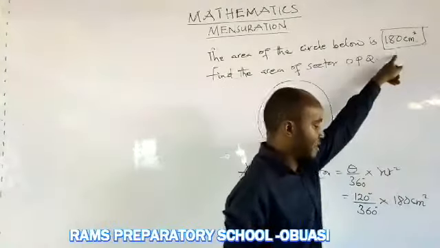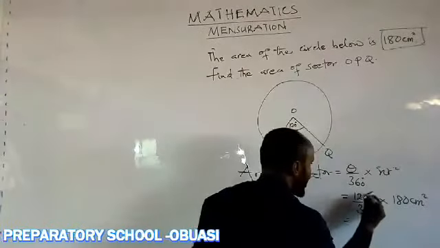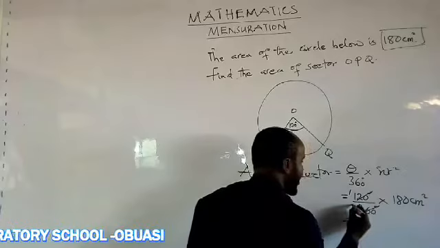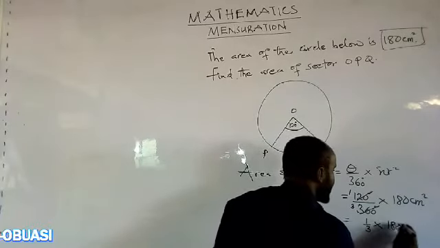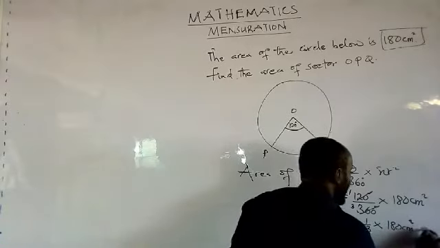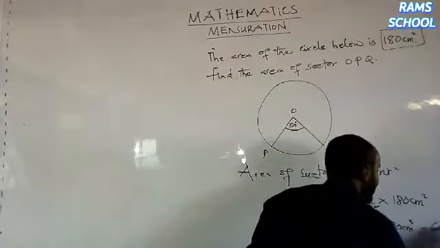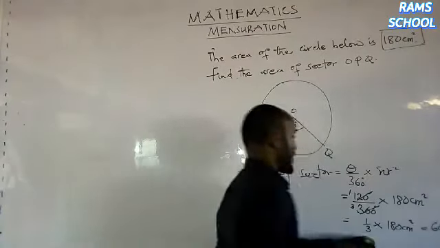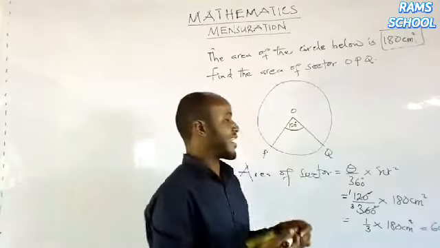You know the area already. So you just simplify this to get your answer. The fraction becomes 1 out of 3, so you get 1/3 times 180 centimeters squared, which gives us 60 square centimeters, because 3 divides 18 six times. So we get the area of the sector.